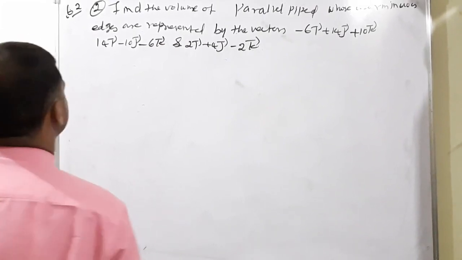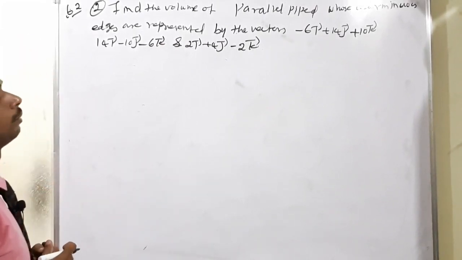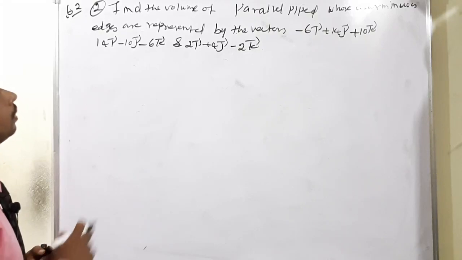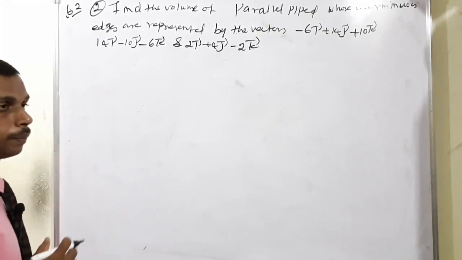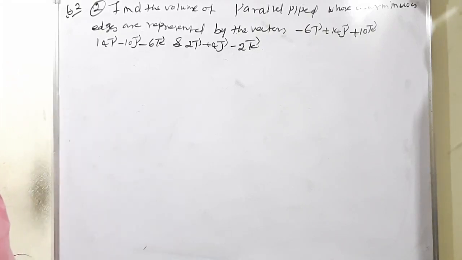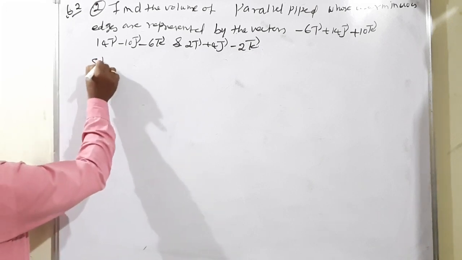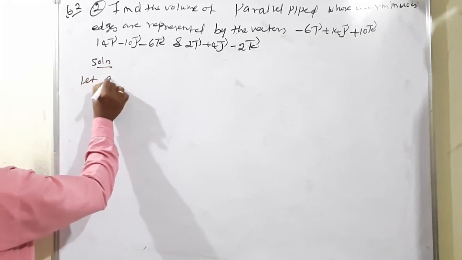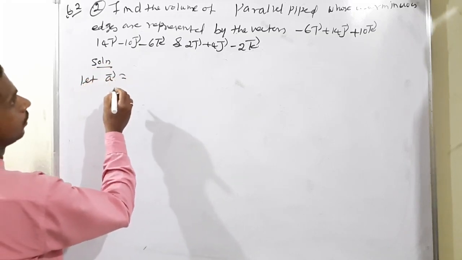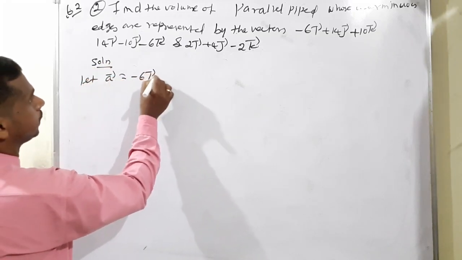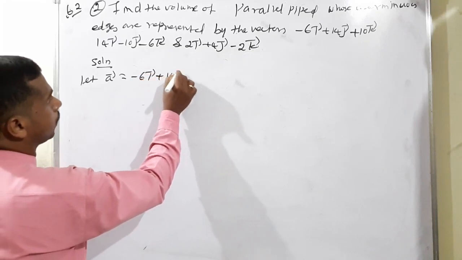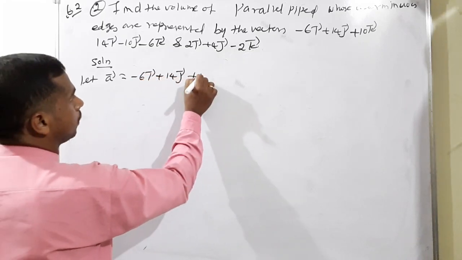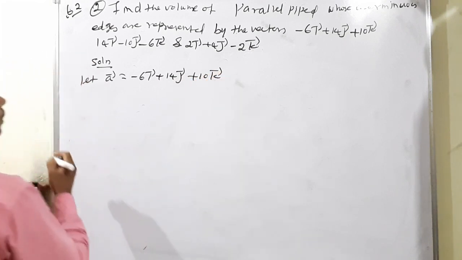Question number 2 from exercise 6.2. Find the volume of the parallelepiped whose three edges are given. The volume of a parallelepiped means box product of A vector, B vector, C vector, which means a determinant form, isn't it? Solution. Let A vector be equal to minus 6i vector plus 14j vector plus 10k vector.